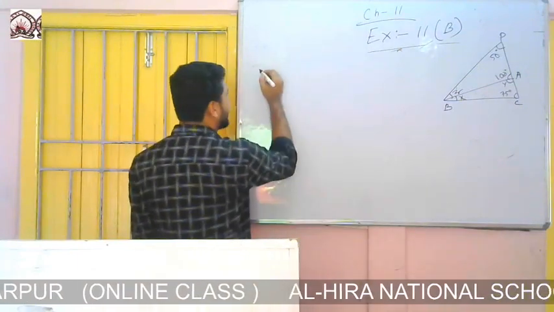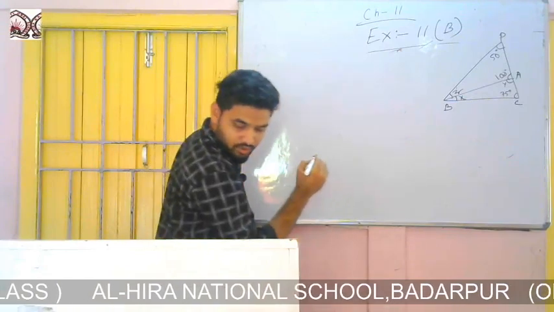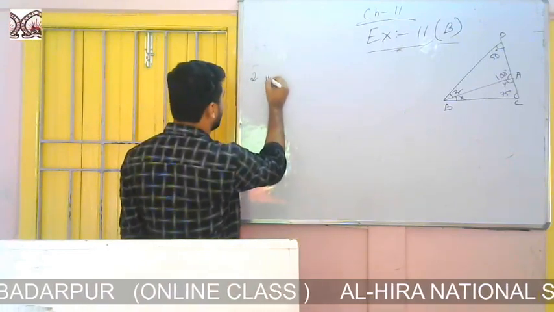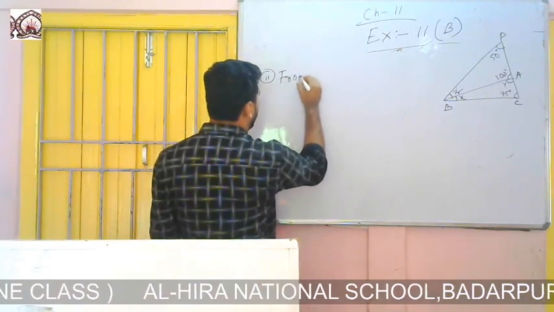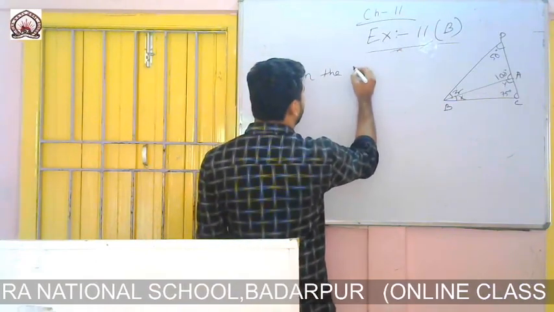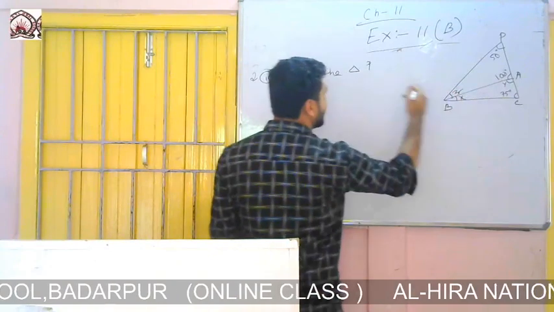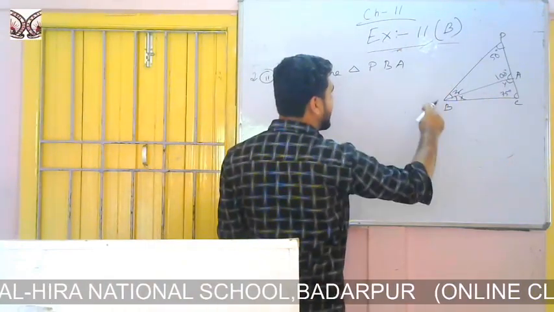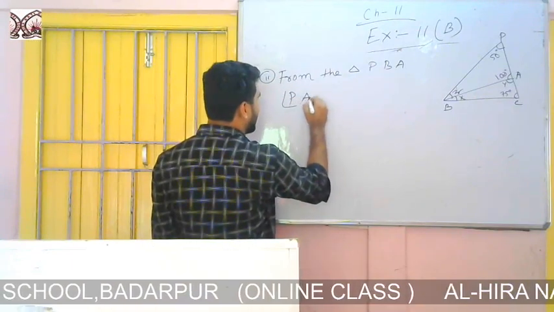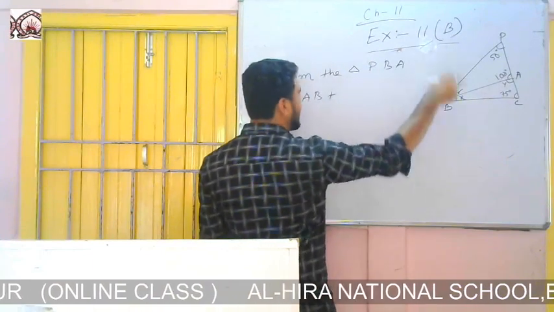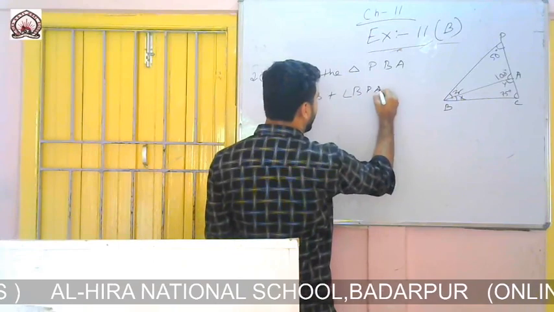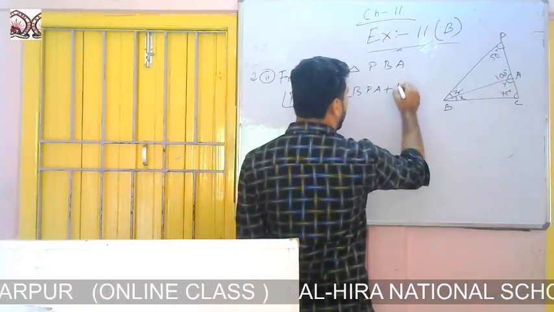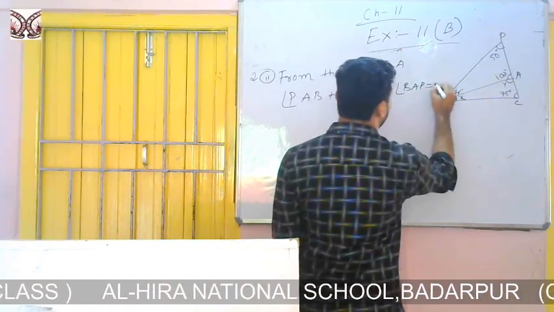So write, from the triangle, this question number 2, from the triangle PAB, we can write PAB plus BPA plus BAP equals to what? 180 degrees.